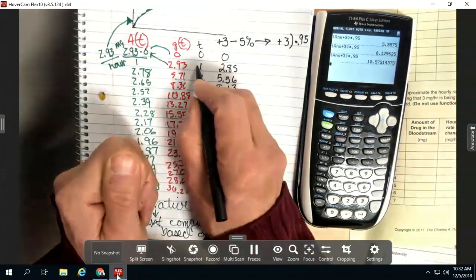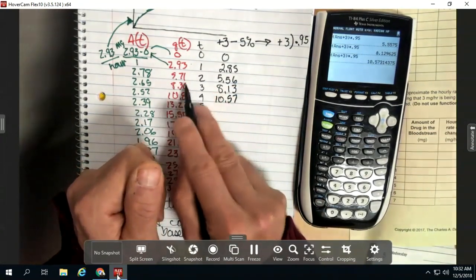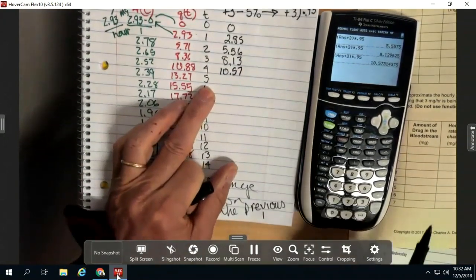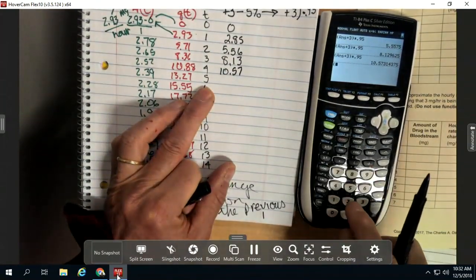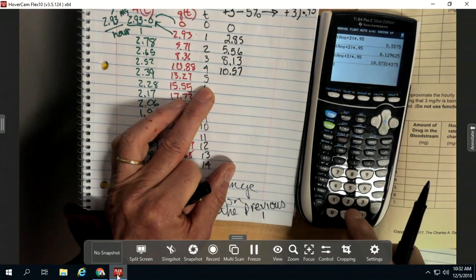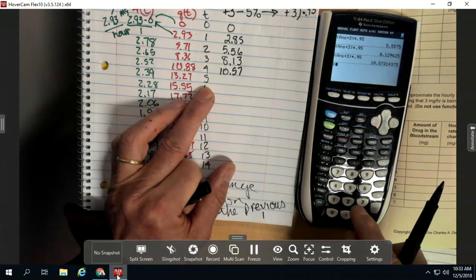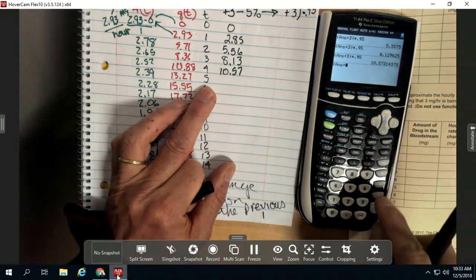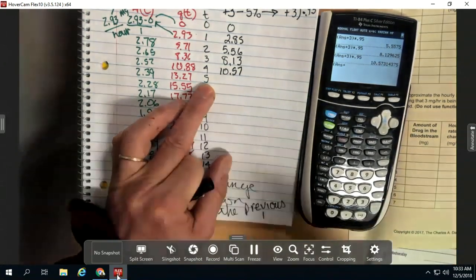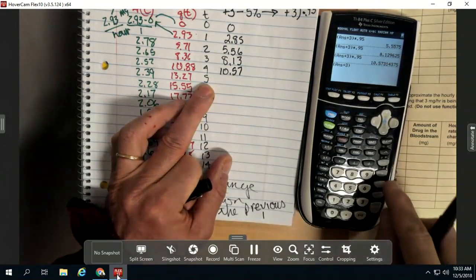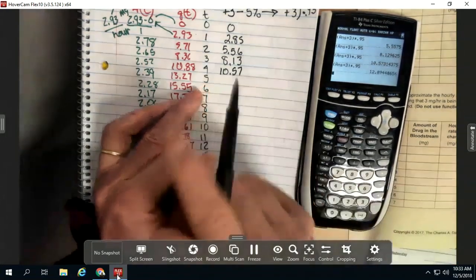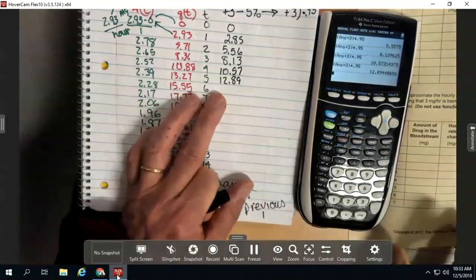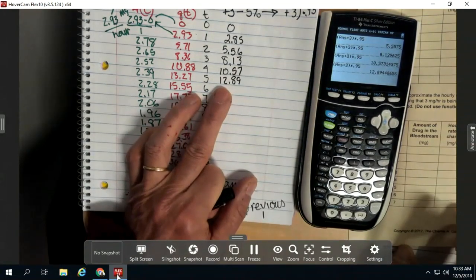Do you notice the relationship between these numbers and the numbers that we did from our formula? Do you see how they're kind of the same? Now, it's probably not exactly 5%.